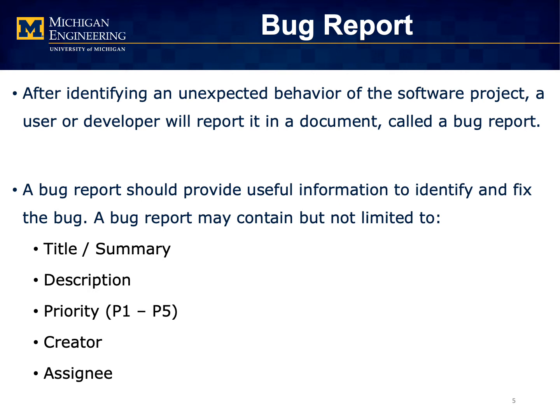A bug report should provide useful information to identify and fix the bug, which contains, but is not limited to, a title or summary, a description of the bug, a priority that ranges from P1, the highest, to P5, the lowest, the creator, and the assignee.